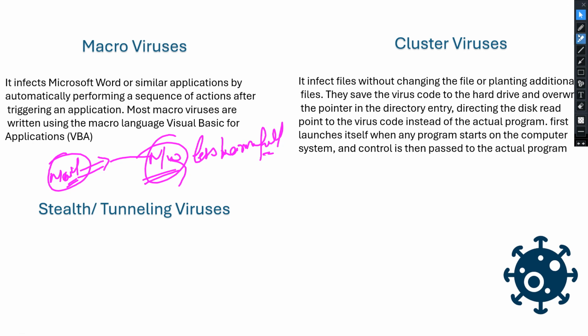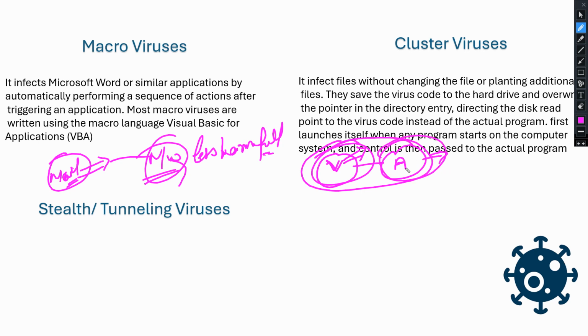So it's again the same thing. In all the virus types, you will get to know this is the virus and this is the actual program. So whenever there is any execution of the virus and the actual program, at first the virus will be executed and then the actual program.